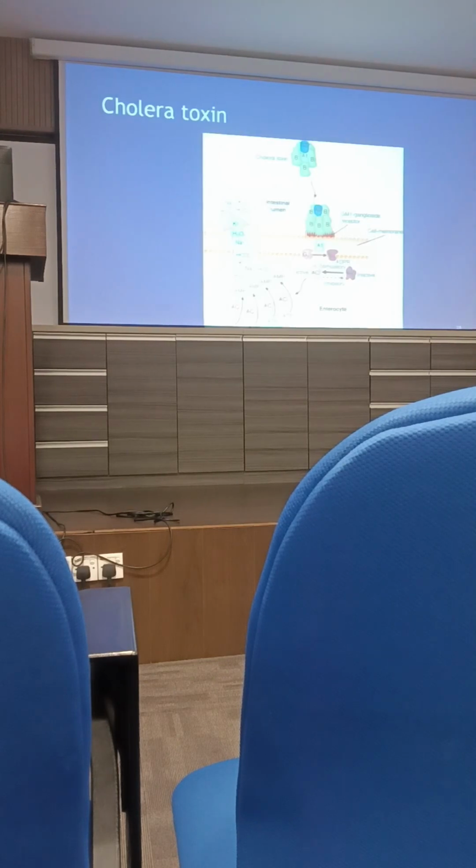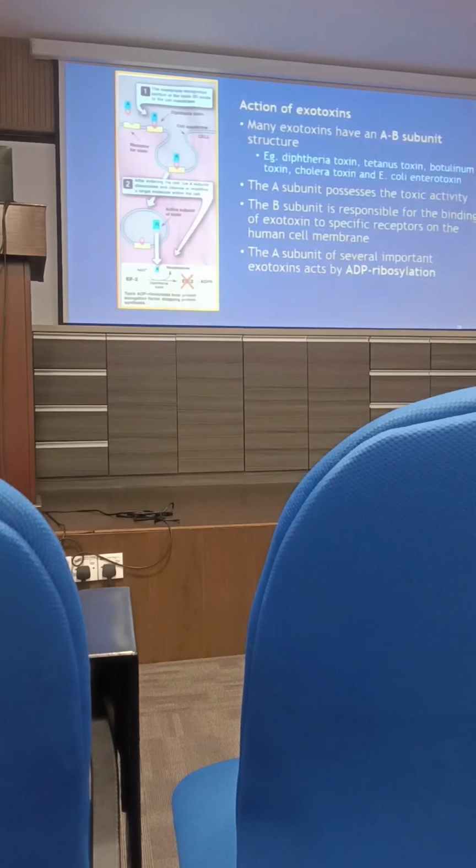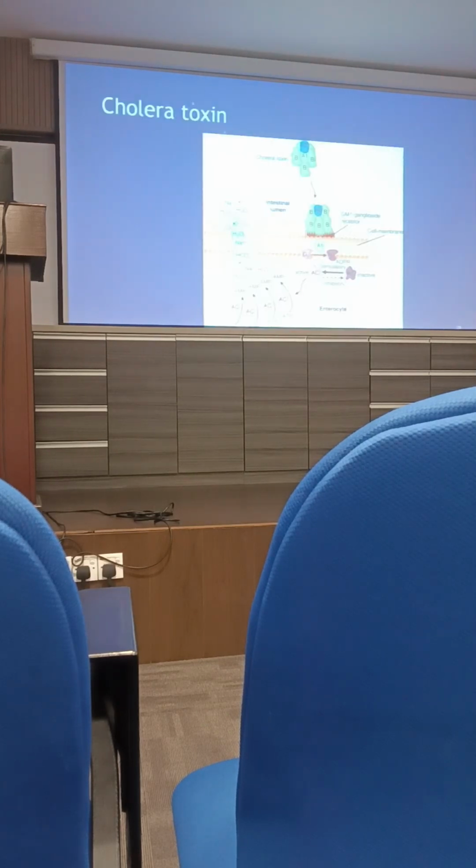Another example is the cholera toxin. We will see how this works further when we look at gram-positive bacteria. Cholera is a gram-negative bacteria, so I just put an example of gram-positive and gram-negative bacteria. It also has the AB structure, but here it acts on the Gs molecule.